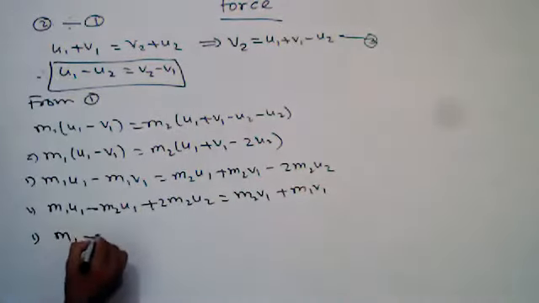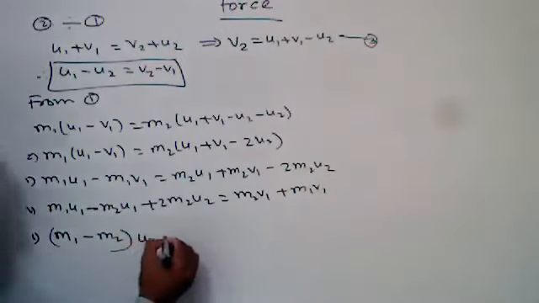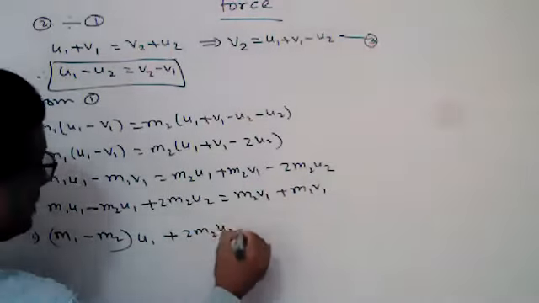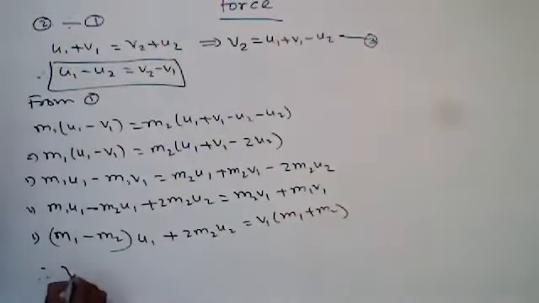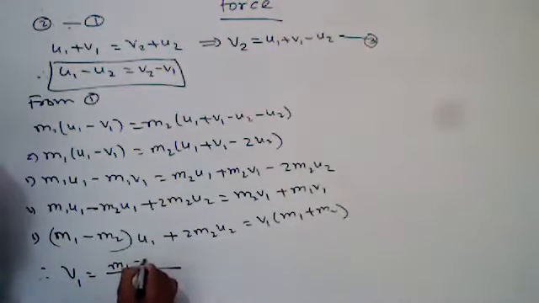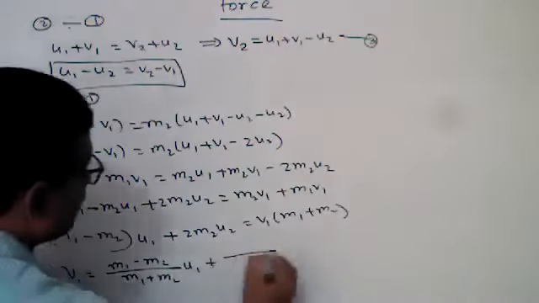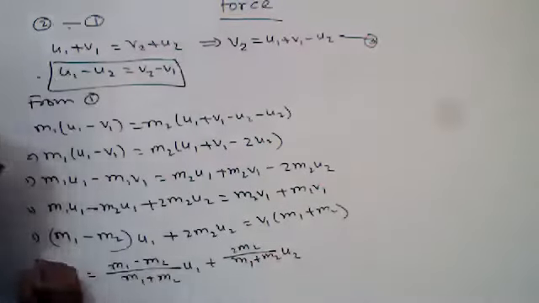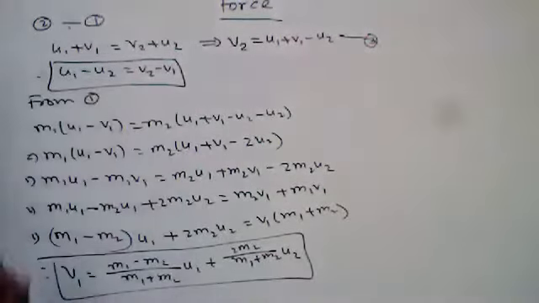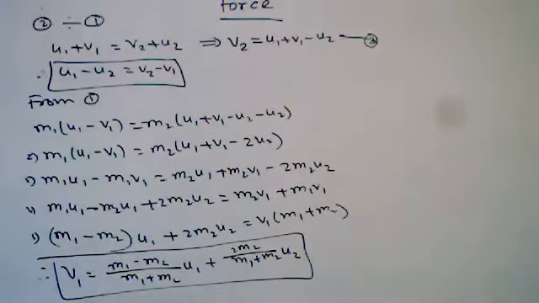So (m1 minus m2) into u1 plus 2 m2 u2 equals v1 into (m1 plus m2). So v1 will be (m1 minus m2) by (m1 plus m2) into u1 plus 2 m2 by (m1 plus m2) into u2. This is the velocity of the first object after collision. You have to remember this box, v1.